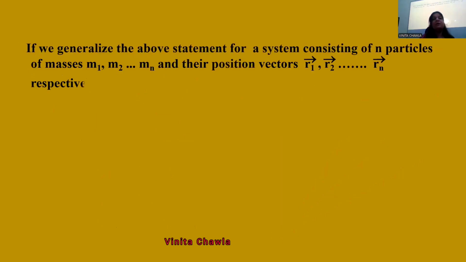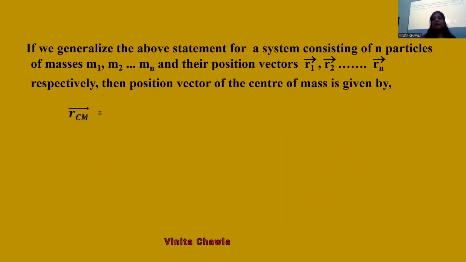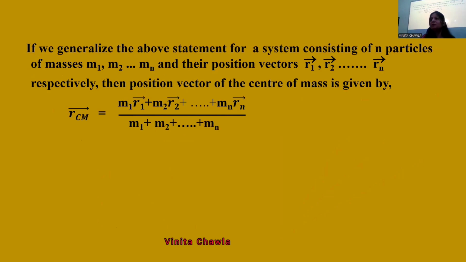If we have n particles, similarly, then we can write in a similar manner. But this time we have n number of terms in the numerator, and we'll add all the masses in the denominator. Summation की terms में भी लिख सकते हो इसको, i equal to 1 to n, mi divided by the total mass capital M, and this total mass is m1 plus m2 up to mn, the sum of all the masses of n particles that we have considered in the system.